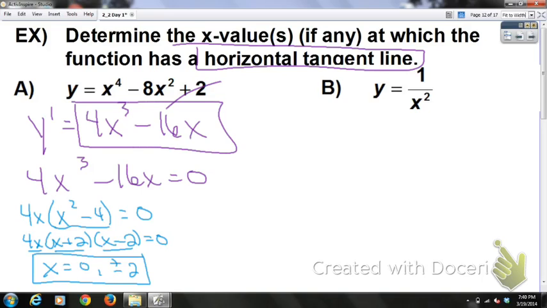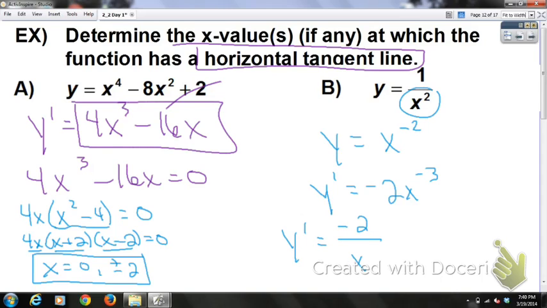Let's look at part B. y is equal to 1 over x squared. In order to calculate the derivative, we need to take that x squared and bring it out of the denominator. So we have y is equal to x to the negative second power. To compute the derivative, y prime is equal to negative 2x to the negative third. y prime is equal to negative 2 over x to the third.